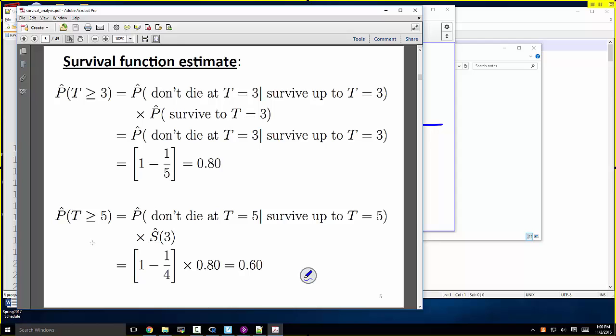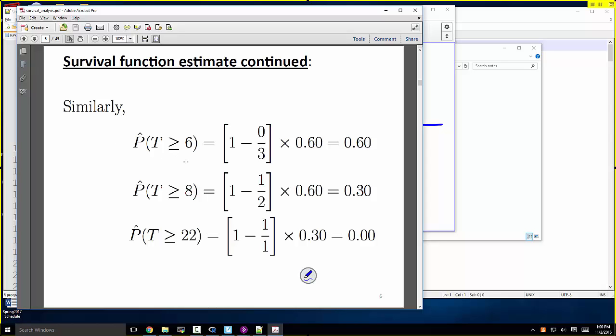The time 5 probability is now 0.6. So here, it's a conditional times a marginal again. The conditional is the probability that you do not die at time 6, given that you survived to time 6.